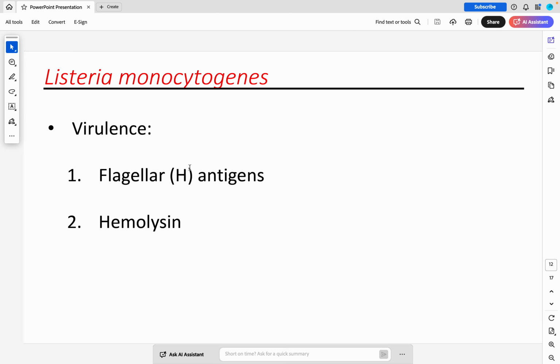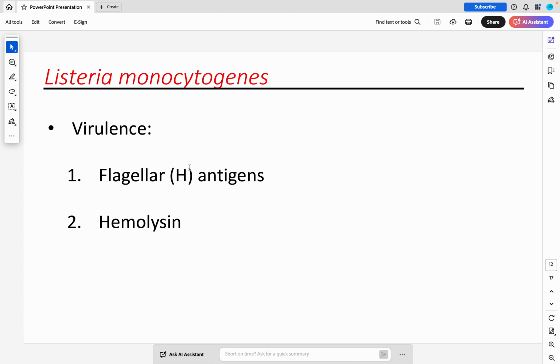As facultative pathogens, they are phagocytosed by immune cells, and when they are phagocytosed, they are within vacuoles of the host cells. So in order to escape the vacuoles, they express lysins, listeriolysin O, LLO, which allows them to escape the host cell vacuole.